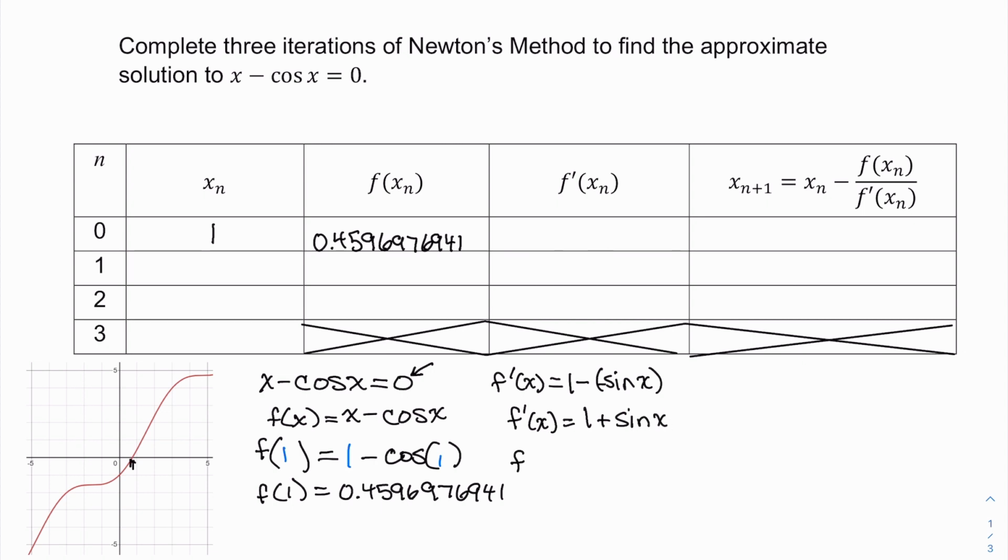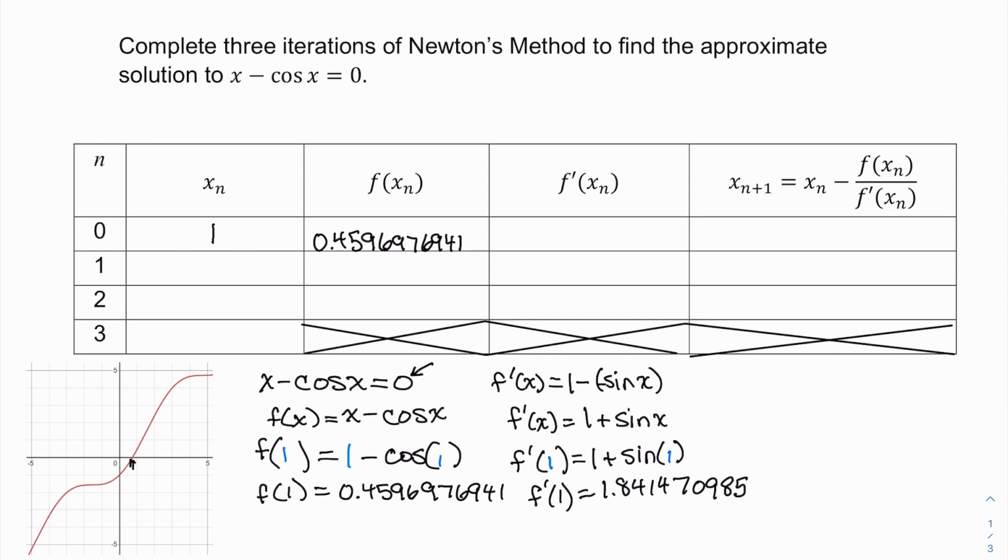For our f prime of 1, we get 1 plus the sine of 1, and f prime of 1 then is approximately equal to 1.8414700985.